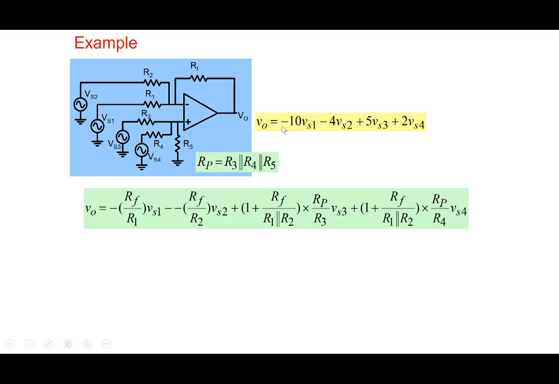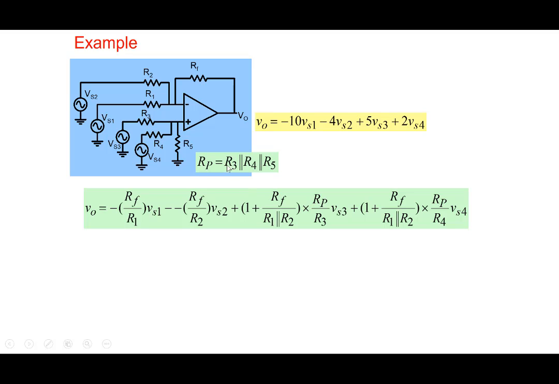Suppose somebody wants V0 equal to -10 VS1, -4 VS2, 5 VS3 plus 2 VS4. So we have two minuses here, so that's why we have two voltages applied here, and two plus here, VS3 and VS4, so two of them we applied here. So it's an example of an adder subtractor, we call it. Some voltages are being added, some are being subtracted here.